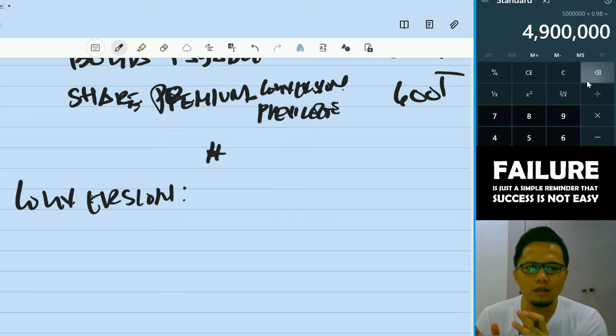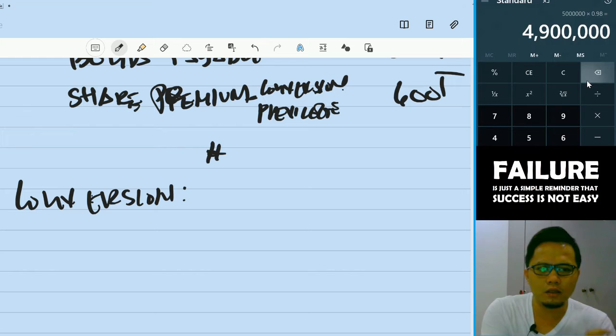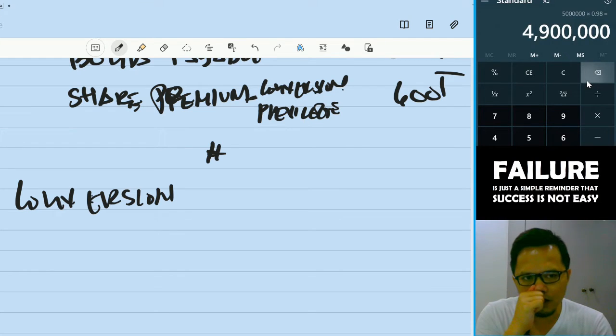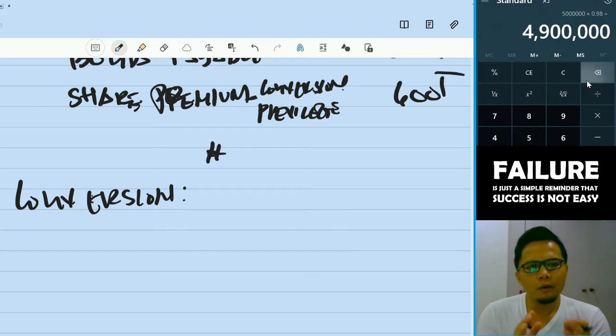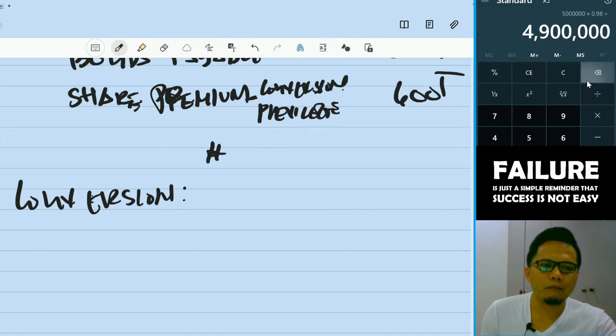Thereby, if there is just a reclassification from debt to equity, there will be no gain or loss on conversion. Klaro yun siya. Whether the conversion would occur prior or on the date of maturity, no gain or loss.